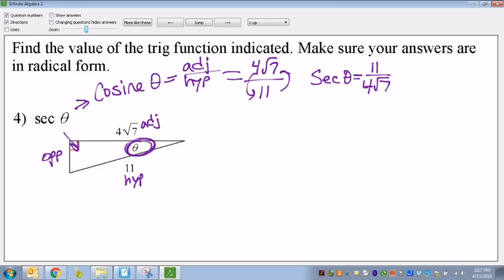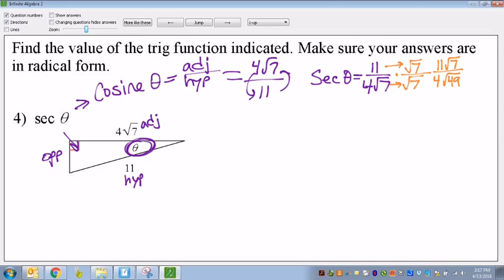Which hopefully sets a buzzer off in your mind: Mr. Schwant, we can't have radicals in the denominator. So, the same trick we learned, rationalization: multiply by radical 7 both top and bottom, multiply straight across, which gives us 11 radical 7 over 4 radical 49. Remember, when you're multiplying with radicals, if there's numbers in front of a radical, just sandwich them together; there's nothing you can do.